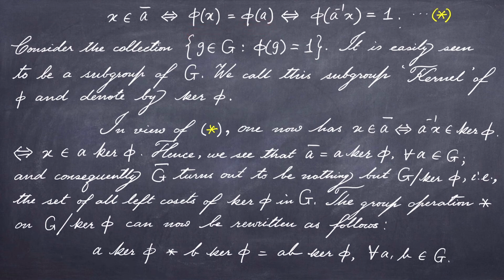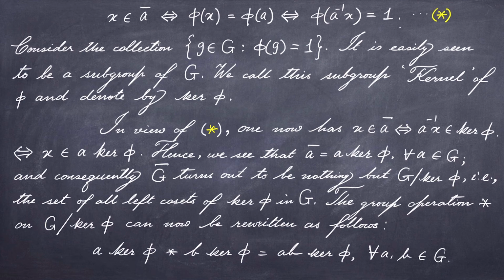Now using the structure preserving property, what we get is that phi of A inverse x is the identity. Don't confuse 1 with the number 1. It's customary, when the operation of an arbitrary group is written in a multiplicative fashion, to denote the identity element of the group by 1. So that's what we have observed: x is related to A if and only if A inverse x is mapped to identity by phi.